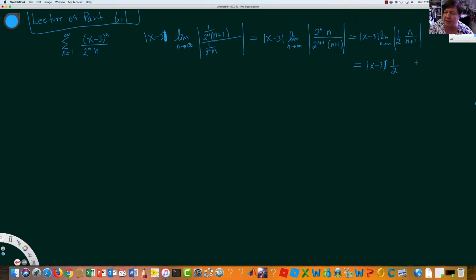And we can see that this is less than 1 for certain values of x, right? Okay, so I want it to be less than 1, and now I'm going to figure out what my radius of convergence is. So I have 1/2 absolute value of x minus 3. It's got to be less than 1 for it to converge. So where is that going to happen? Well, I can solve for this, right?